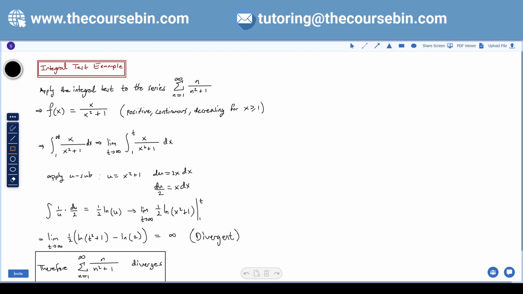This seems to be back to like the fundamental of integrals. No, it's just that we're using the integral as a tool to help us figure out whether our series diverges.